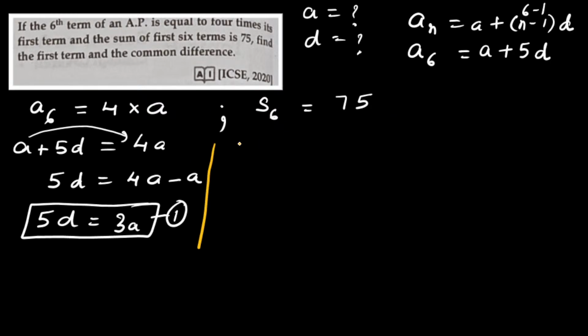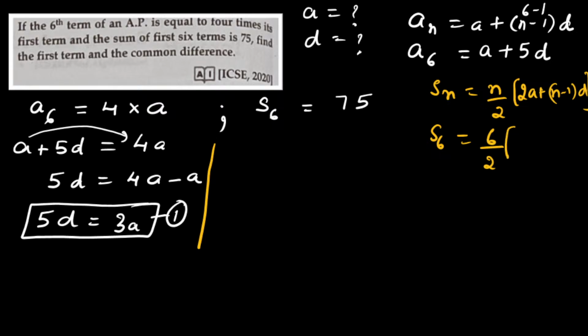So for S6, we know the formula of Sn. Sn is equal to n by 2 into 2a plus n minus 1 into d. So for S6, in n's place let's write 6. 6 by 2 into 2a plus 6 minus 1. 6 minus 1 is 5, so 2a plus 5d.